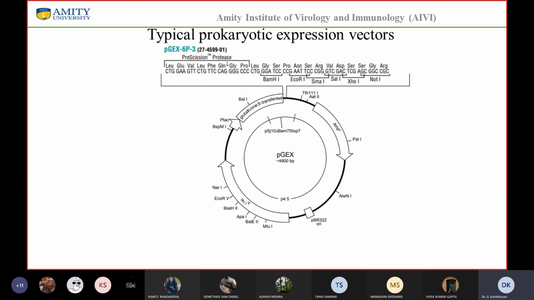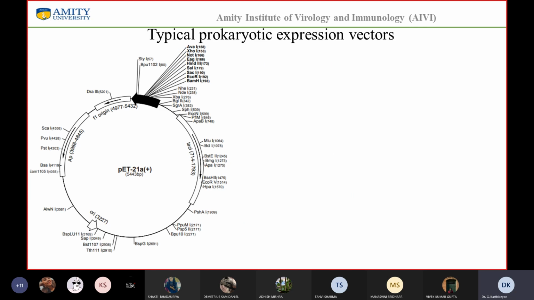So prokaryotic expression vectors come in many different flavors and forms. I'm just going to show you three, but you can imagine there are several new systems that keep on coming. So this is the PET vector that we saw in the initial class when we were comparing cloning vector and expression vector.